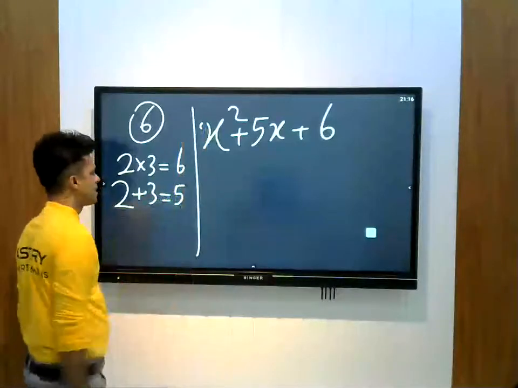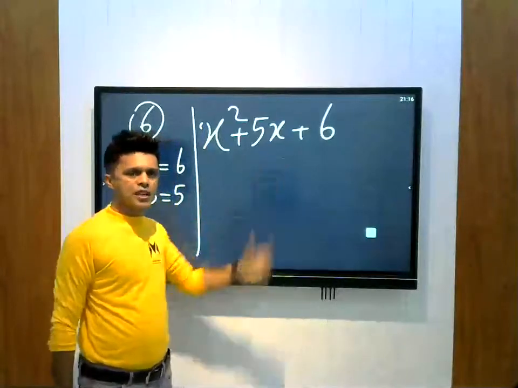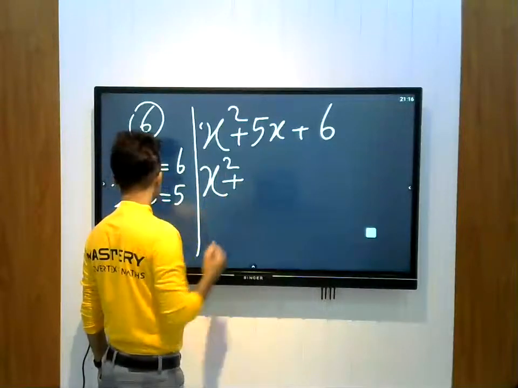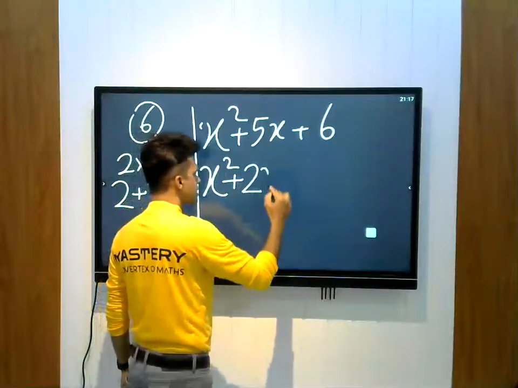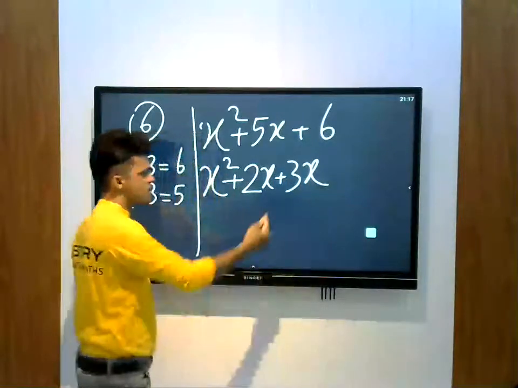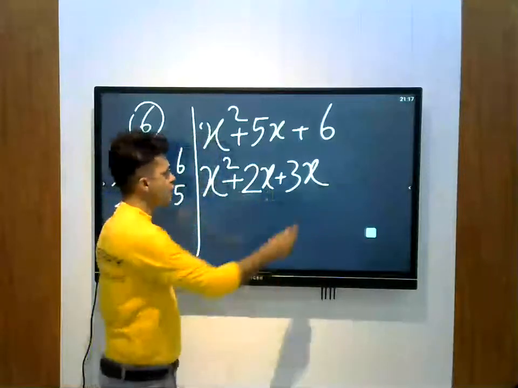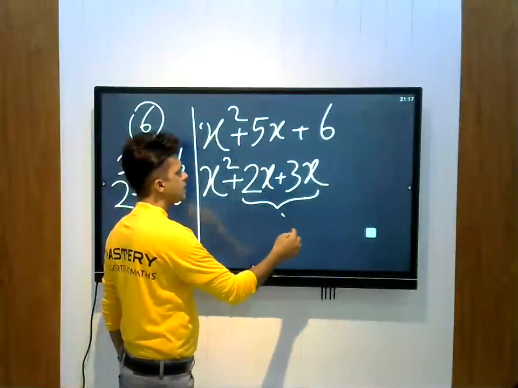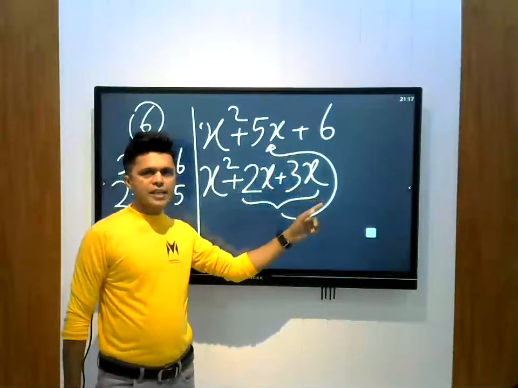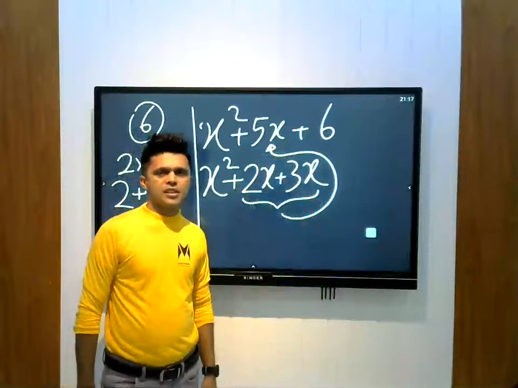Now here, we can divide the term 5x in this way: x squared plus 2x plus 3x. When you simplify 2x and 3x, 2x plus 3x is 5x.